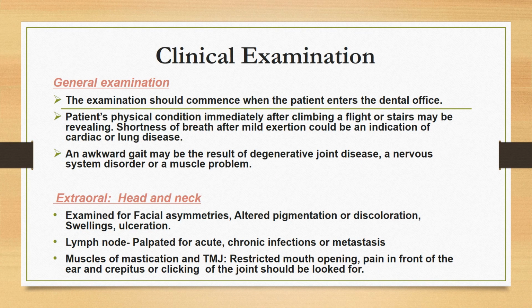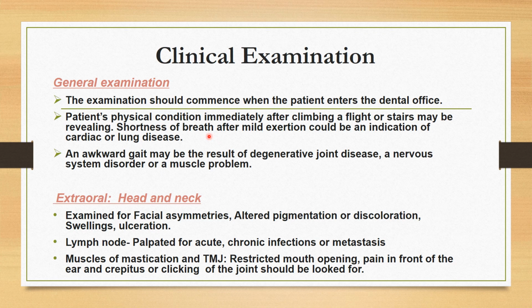Coming to the clinical examination, it can be divided into general examination and extraoral and intraoral examination, and intraoral can be divided into soft tissue and hard tissue. The general examination is the same as in the other departments. Examination should commence when the patient enters the dental office. The physical condition should be noted.